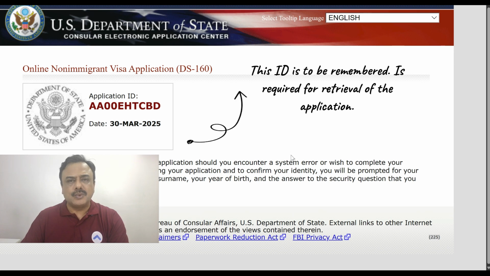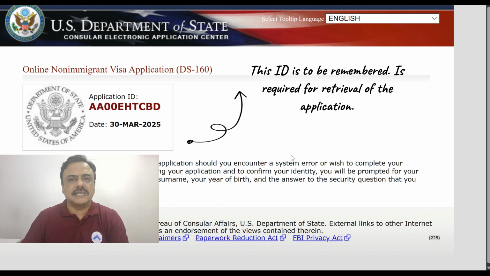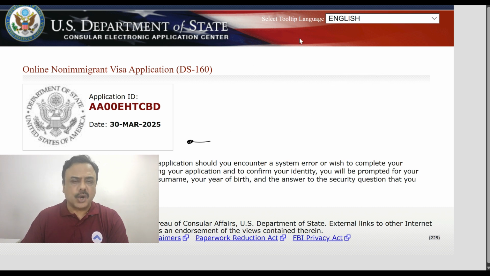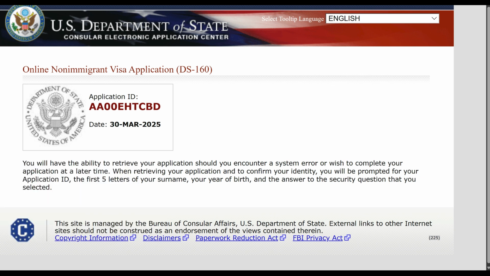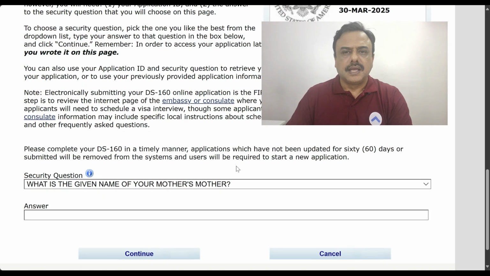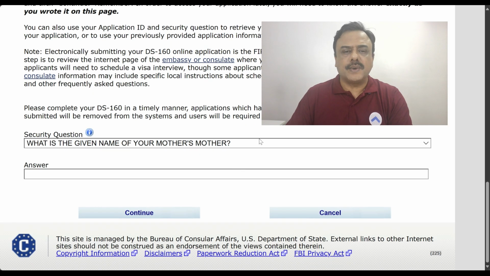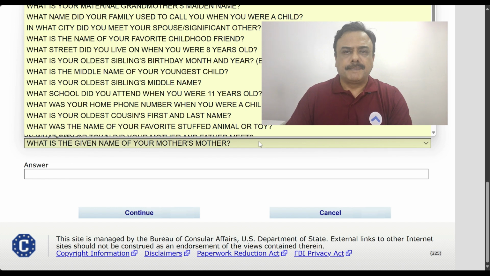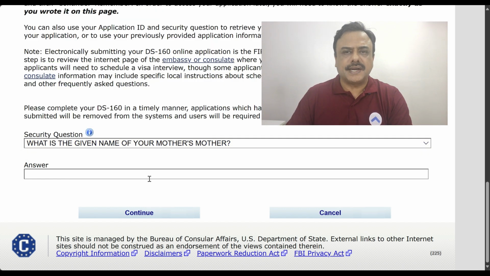You will probably be using it extensively even while filling this form because this system is not very robust. There are certain security questions that you will come across. Please see to it that you are selecting one which you're not forgetting. In this case, I'm selecting my mom's maiden name, Banu, as my security question.